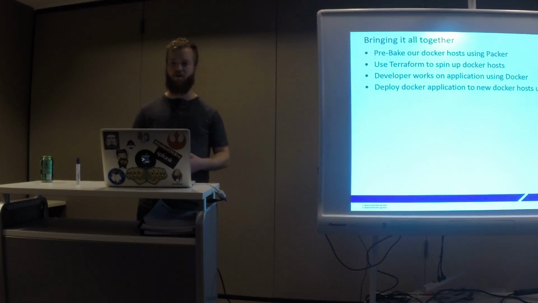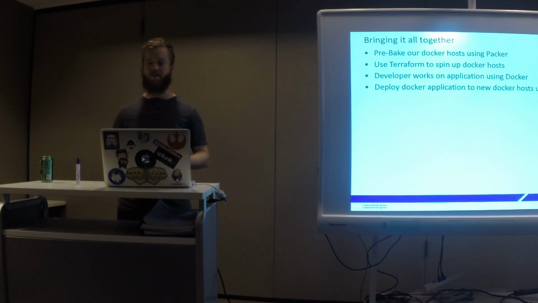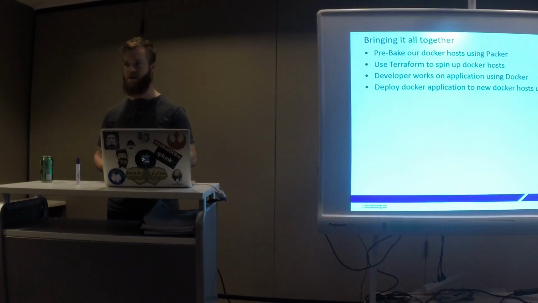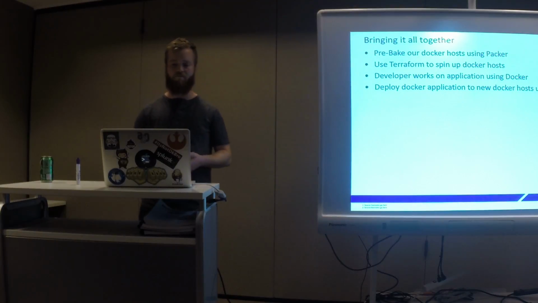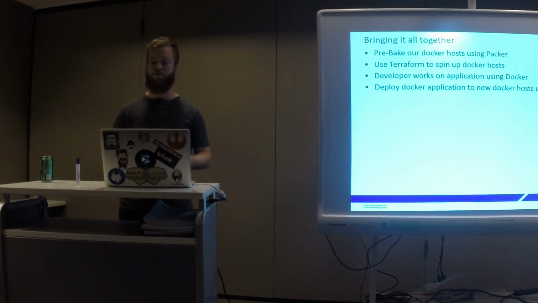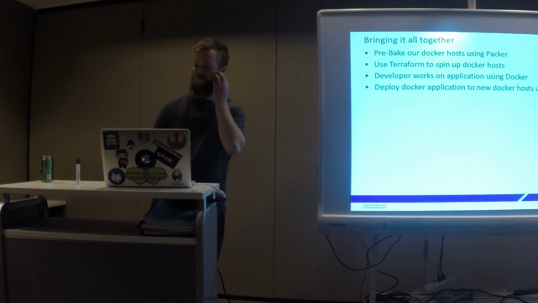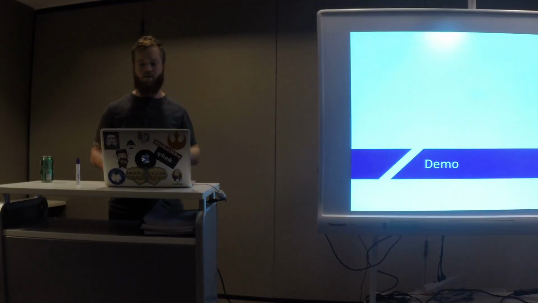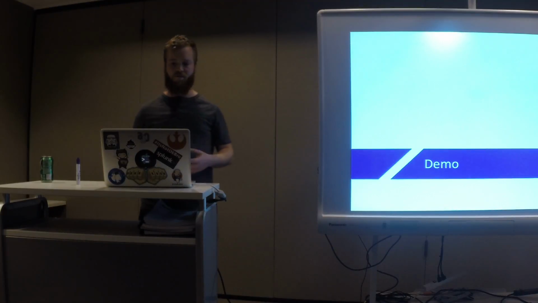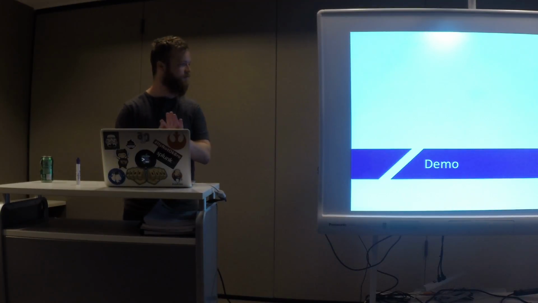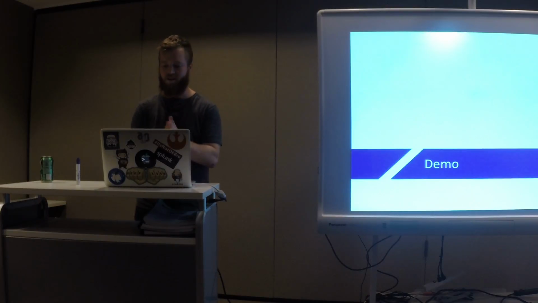They finish what they're working on, they push it. Jenkins takes that, builds out the image, and puts it in the registry. And then we deploy the Docker application to a new Docker host using Jenkins or some other orchestration tool. So now I'm actually going to get into the demo, which should be fairly interesting.